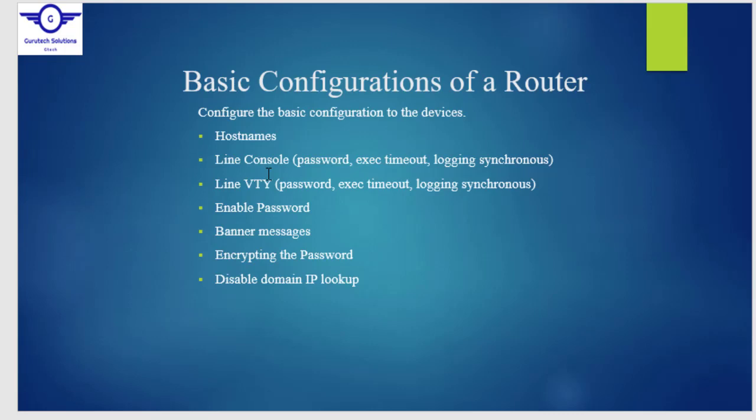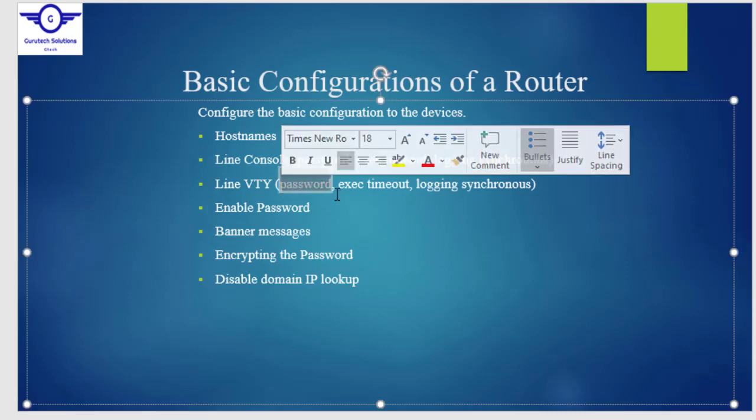So we connect a modem to that auxiliary port, then we can remotely log into that router from that port and configure the device. Line console is used to configure the device locally when we are there physically, but line VTY is used to configure the device remotely when we are far away from the physical devices. And so we must secure these lines.